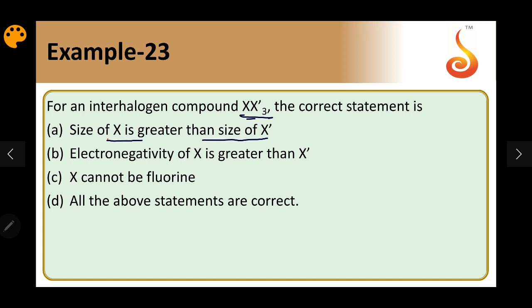They are asking for correct statements. Electronegativity of X greater than that of X dash: X dash should always be the more electronegative halogen compared to X, so this is a wrong statement. X cannot be fluorine: that is a right statement. All the above are correct will be wrong. So the answer should be A and C, both are correct.